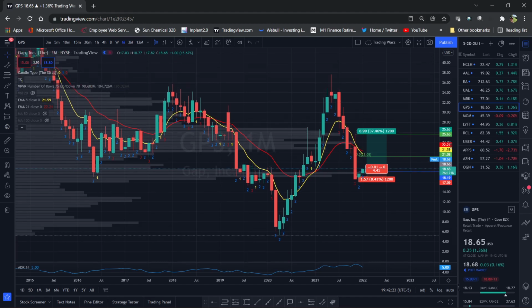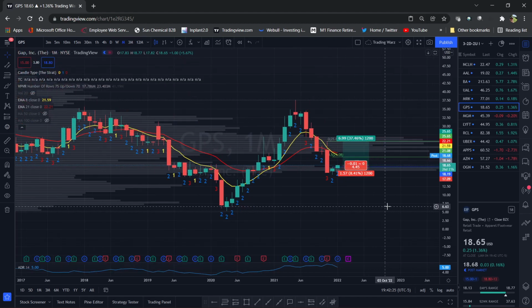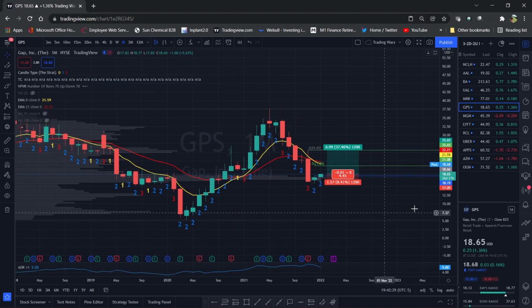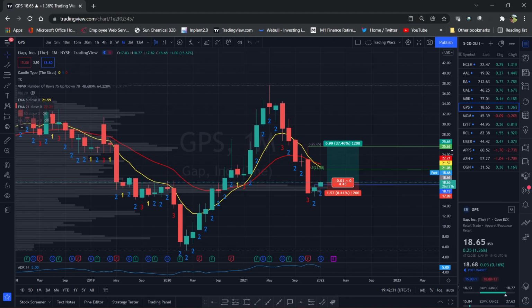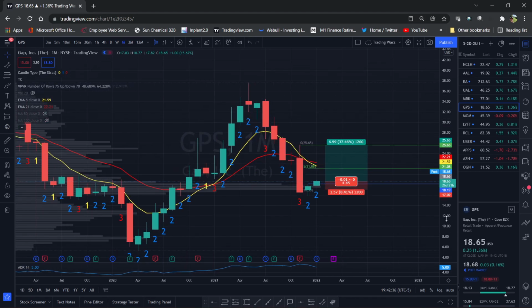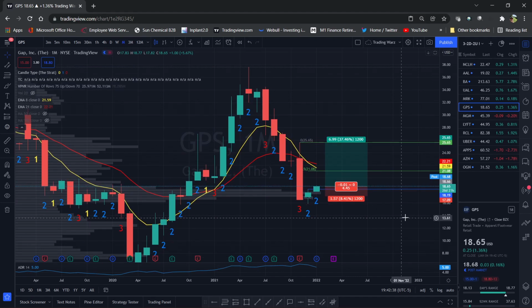And the gap, this is another one that I liked. I actually did take a position on this one today. It did hit my target and stayed above. I believe these are some March 18, 20 calls.